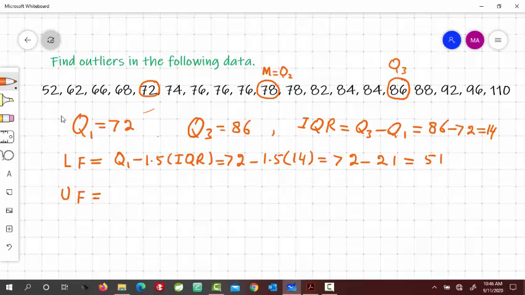The upper fence would be the third quartile plus 1.5 times IQR. So Q3 is 86 here, 86 plus 1.5 times 14. That is 86 plus 21. That's equal to 107.